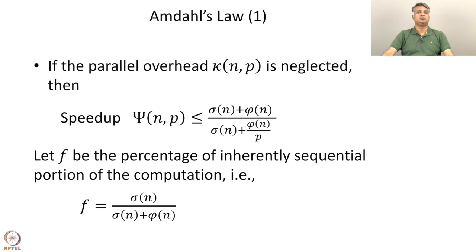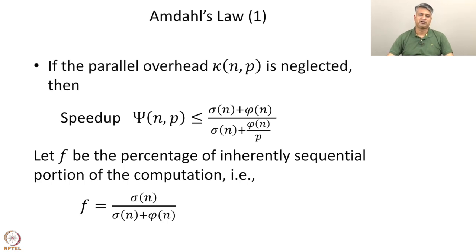Now, let us come to Amdahl's law. For Amdahl's law, we will neglect the parallel overhead kappa(n,p). The reason being, kappa(n,p) is a function of the kind of machine you are on as well, the kind of networking hardware that you use.